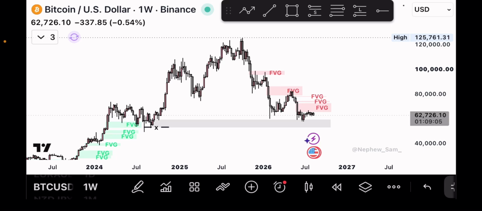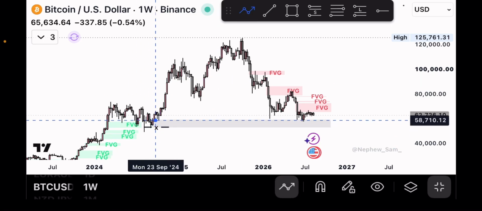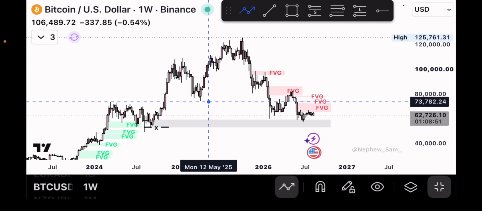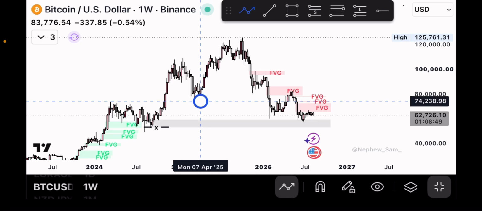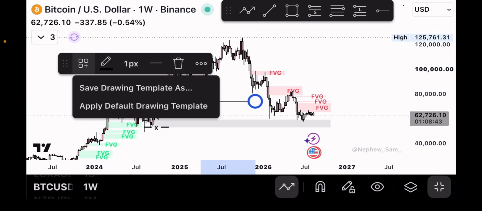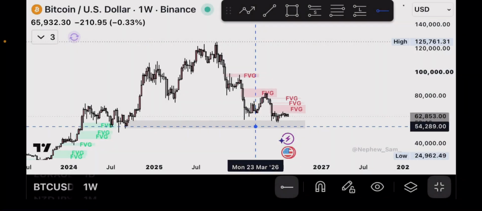Then another thing to note, after the liquidity sweep, price created an impulsive move, then a valid pullback. This is a valid pullback that price created. So that is going to be our inducement, valid pullback, where price is reacting from.